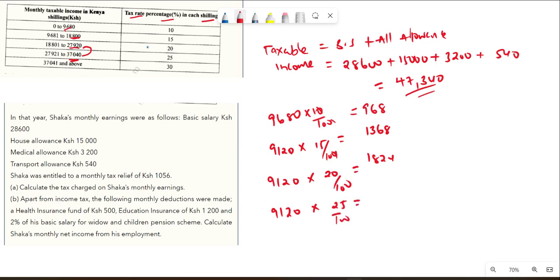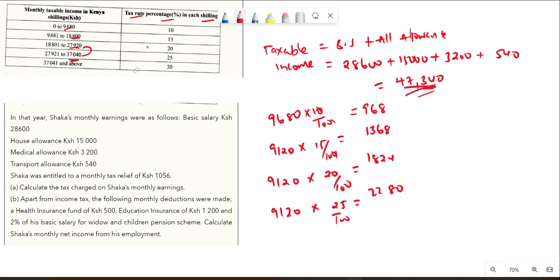So this will give us 2,280. At this point, we will need to know the amount of money that is remaining out of 47,340. So far, we have taxed 9,680, 9,120, 9,120, 9,120. So we need to know how much is remaining.